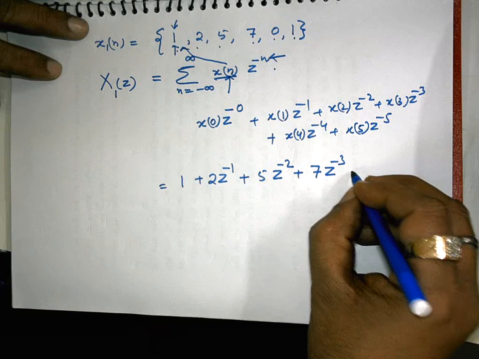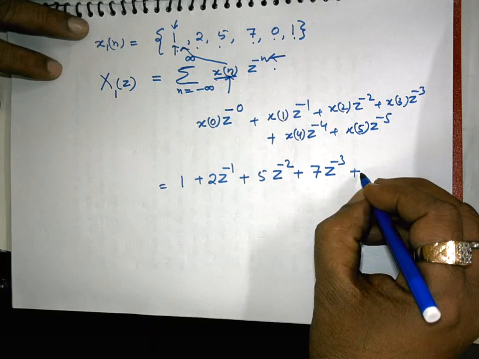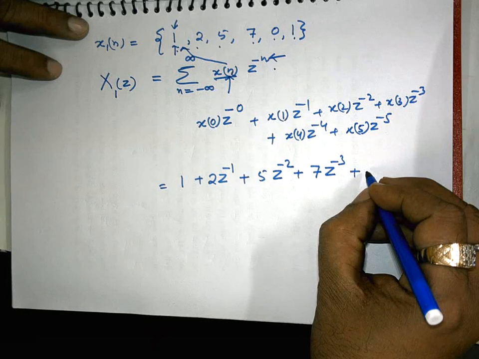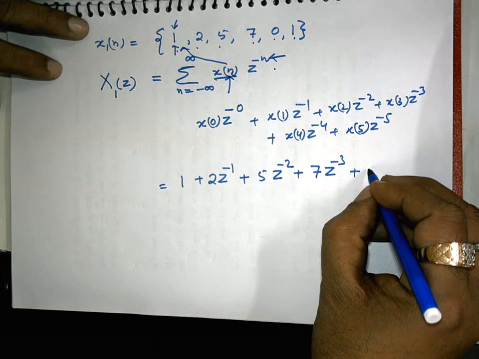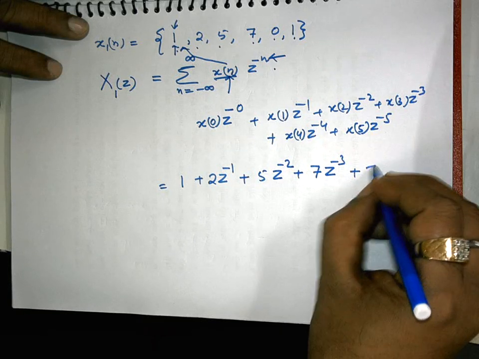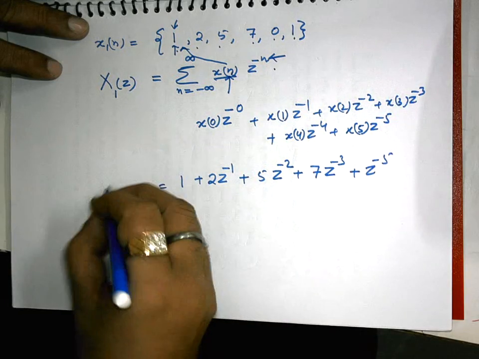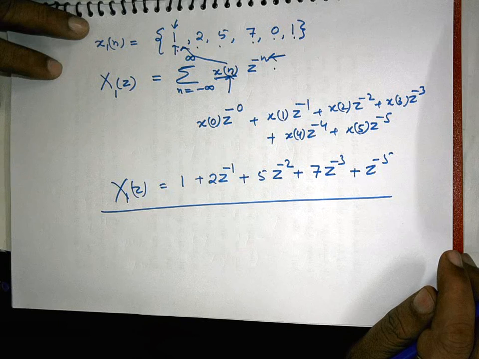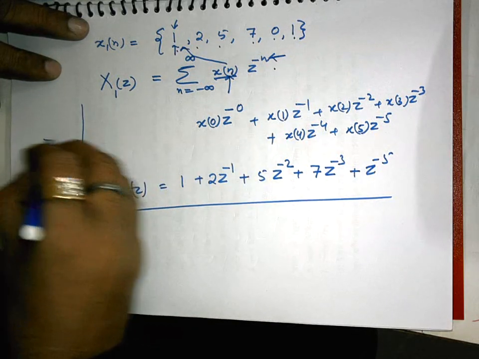So 0 means not needed to represent. Okay. And then 1 z to the power minus 5. Okay. So this is X1(z).